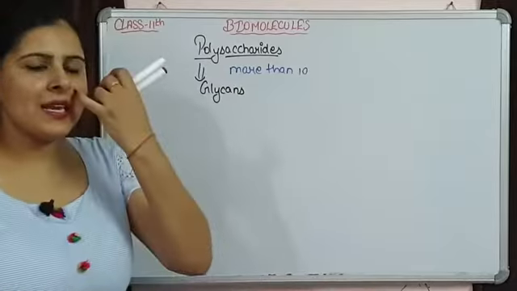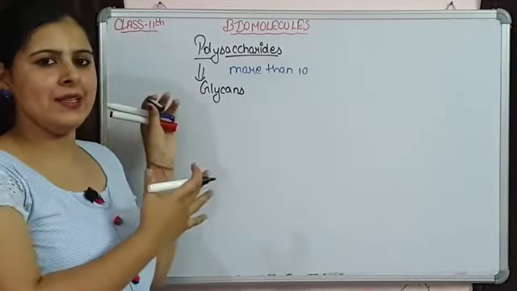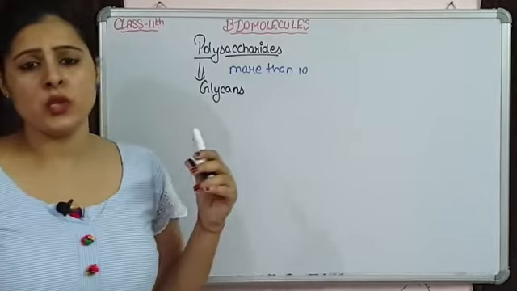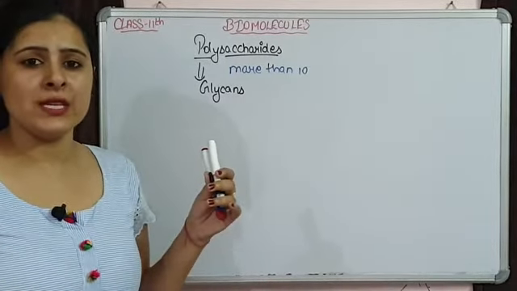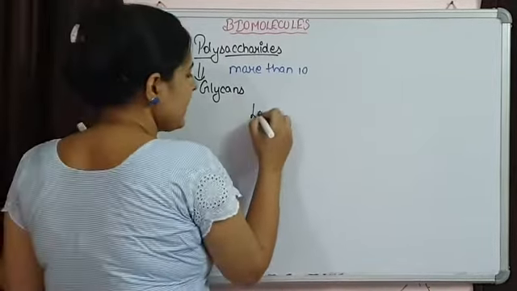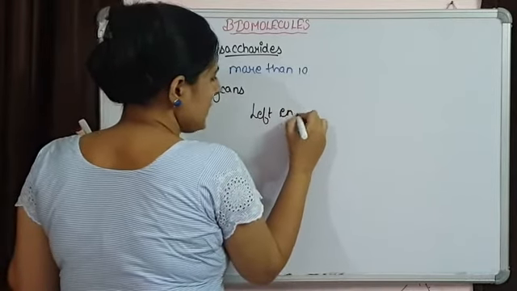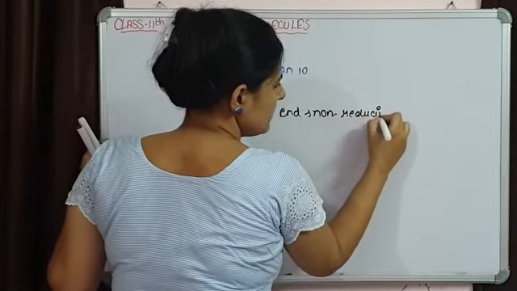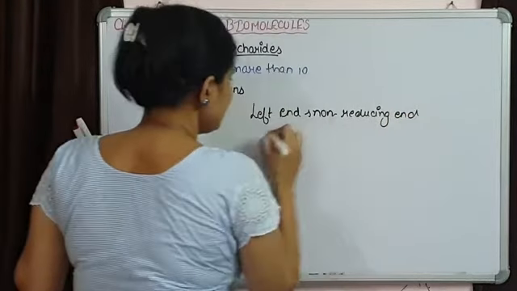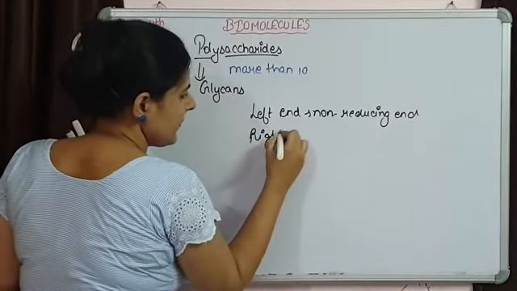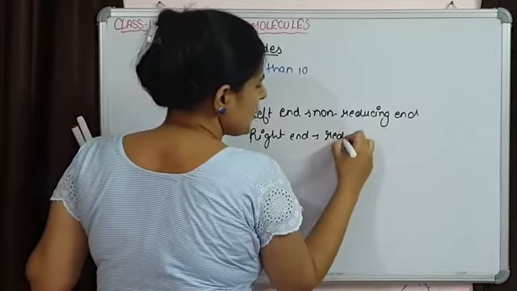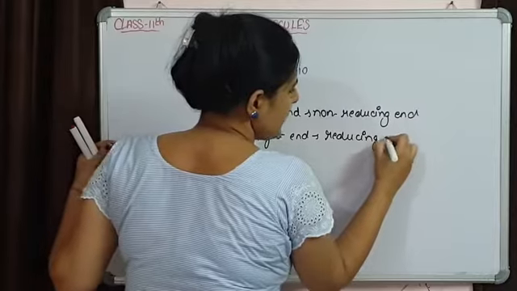These polysaccharides are also known as glycans. अगर हम इन पॉलीसैकेराइड्स की बात करें तो इनका एक end reducing end की तरह बिहेव करता है और second end is going to behave as non-reducing end. So the left side end is going to behave as non-reducing end, and the right side end, because of the presence of free functional groups, is going to behave as reducing end.